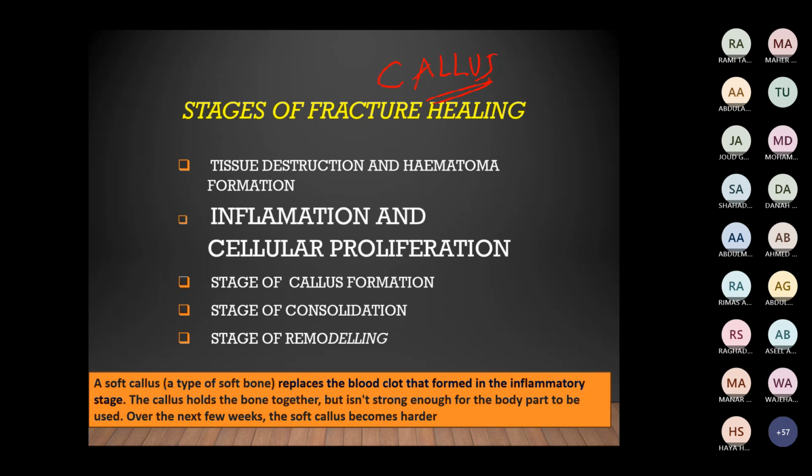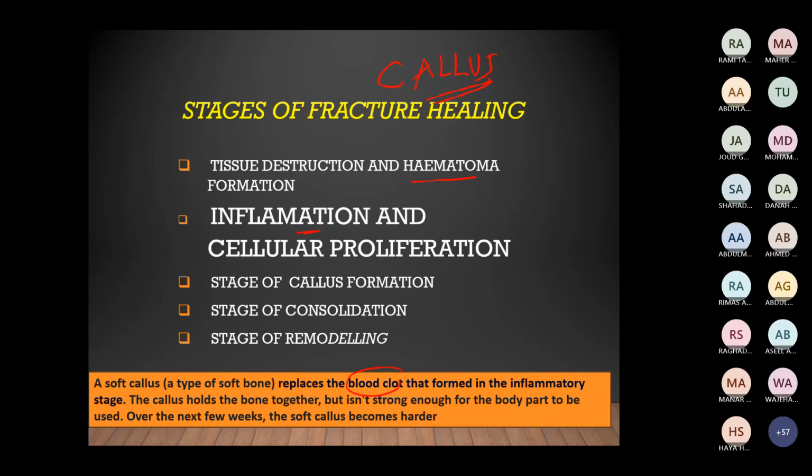The soft callus is a type of soft bone. I've taken this exactly from Wikipedia, it's a very good definition. Soft callus is a type of soft bone that replaces the blood clot. See here, first there was blood clot formation. Hematoma is a blood clot formed in the inflammatory stage. You remember yesterday, wound healing?